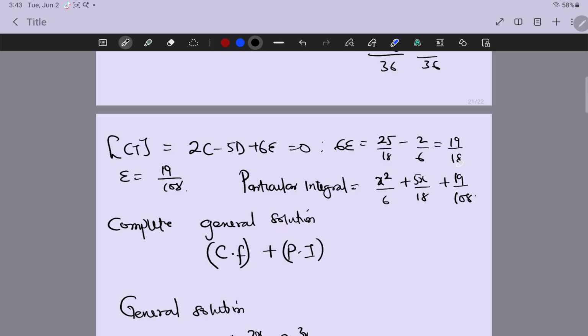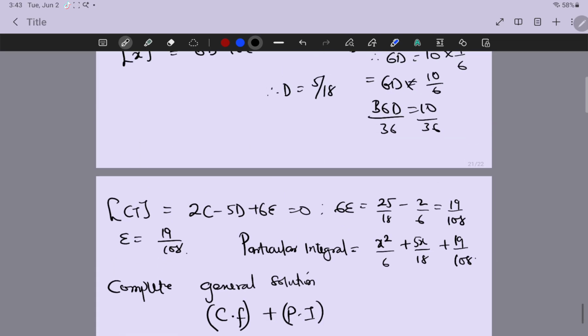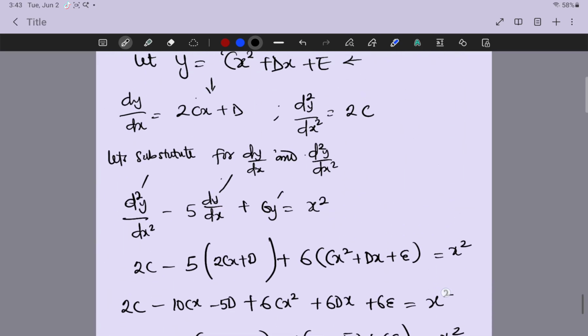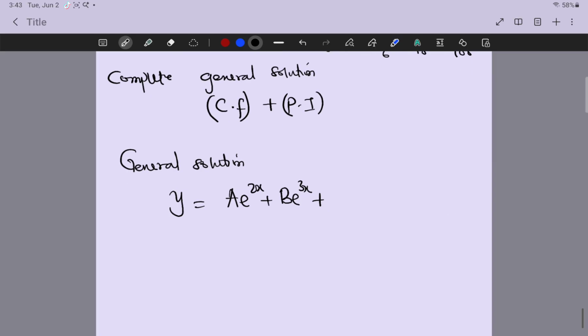Did you get that? So this is 19 over 108, sorry, not 18. So the particular integral is that. So if this is the case, then we can now do a complete addition and say x squared over 6 plus 5x over 18 plus 19 over 108.